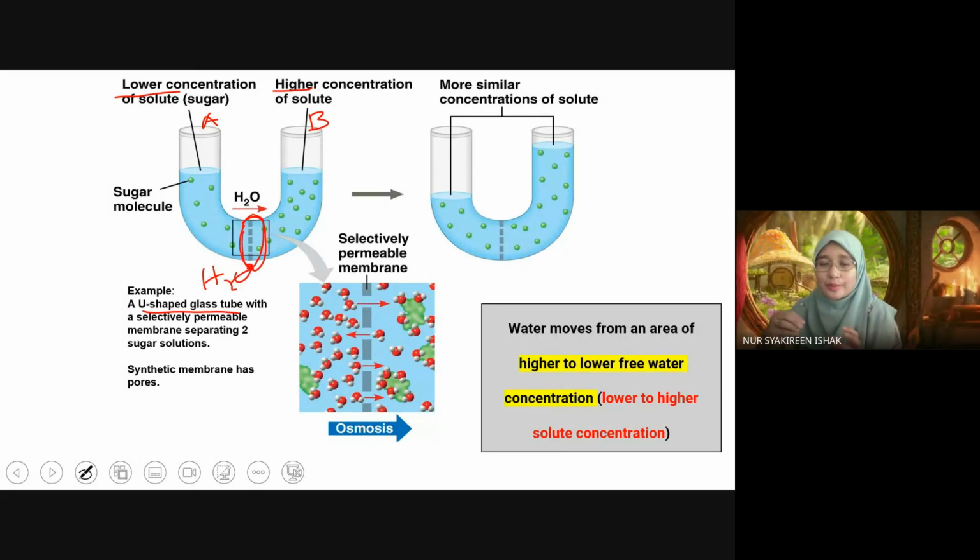Because only water can move, water will move until both solutions in region A and region B have the same concentration. As you can see, solution in side B has higher solute concentration, so in order to balance the concentration, only water will move from region A to region B.